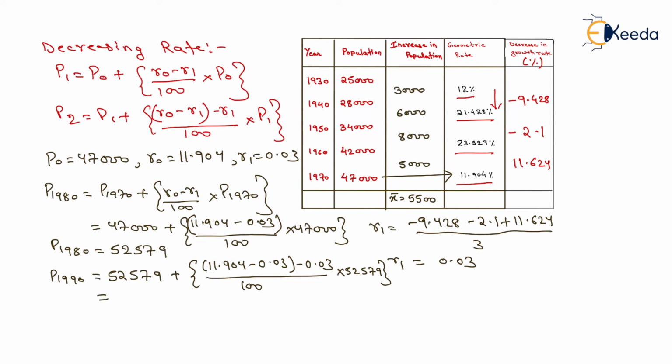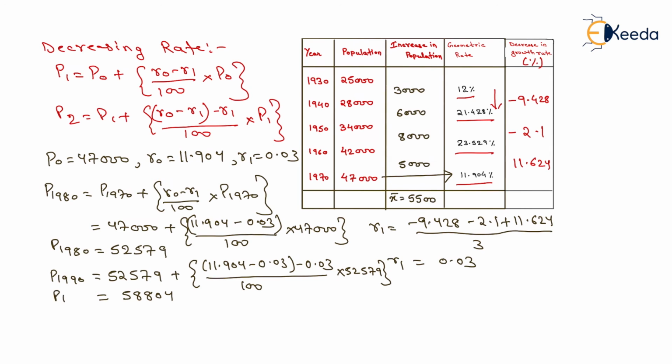So what will be the value of 1990? The value of 1990 will be 58804, that will be the population after 1990.